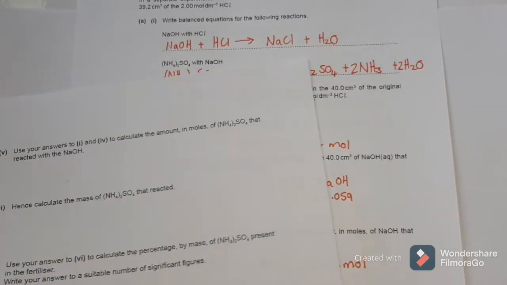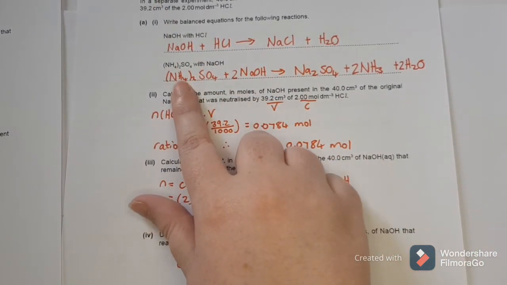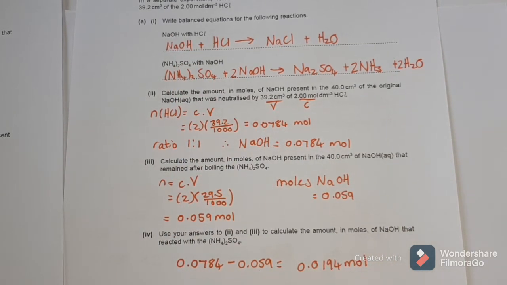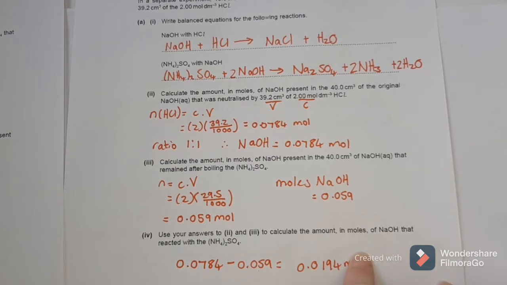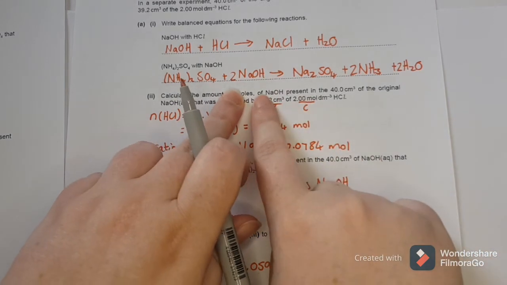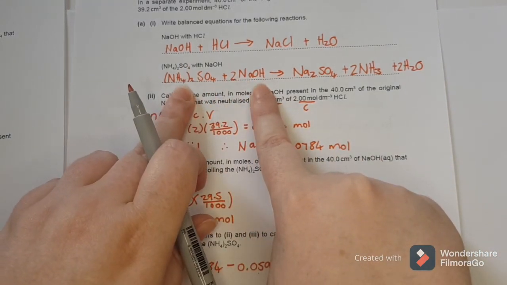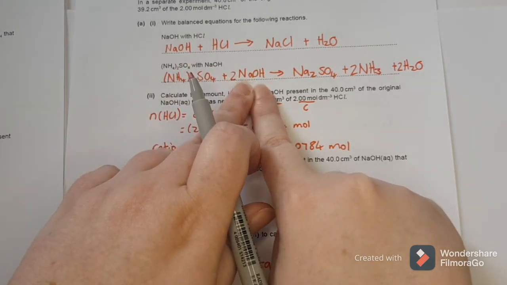So if I look, question 1 was the equations, and 4 was the moles of the sodium hydroxide. So I have the moles of sodium hydroxide, and I have the equation of sodium hydroxide to ammonium sulfate. So that is in a ratio of 1 to 2.